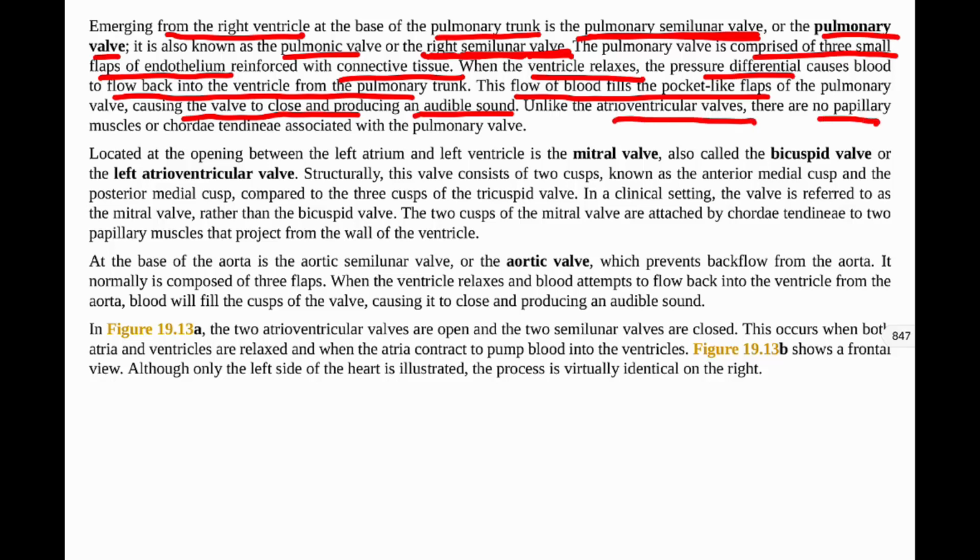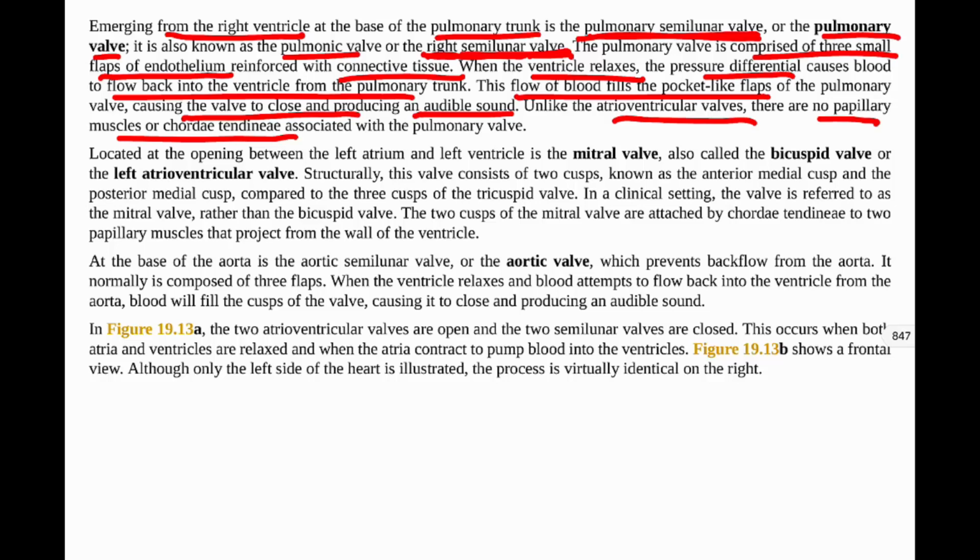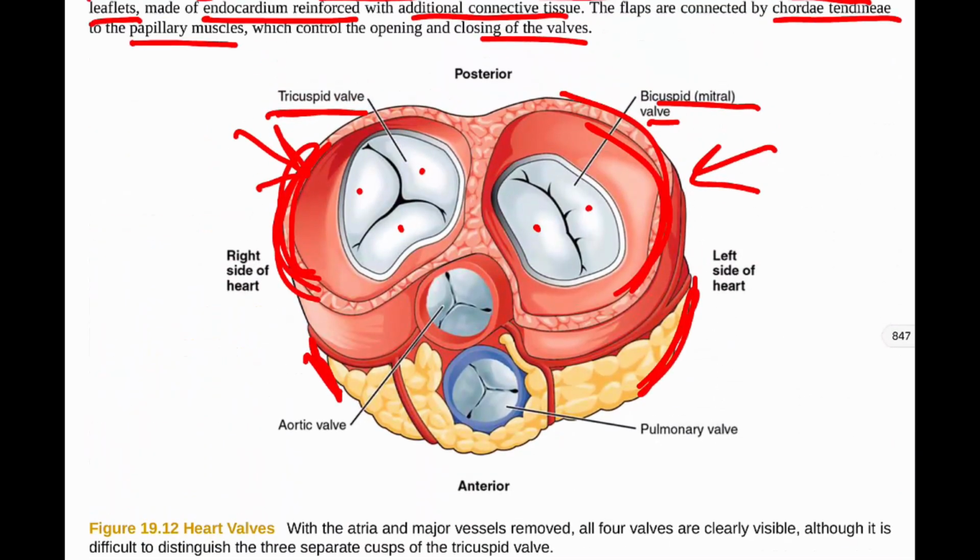So if you look at this one, since we were talking about that one first, the pulmonary valve or pulmonary semilunar valve, down here is where we would have our ventricle, on the right side. And up here, which is cut off, would be our pulmonary trunk. So when the blood is flowing out from the ventricle, it's going to go up through that pulmonary trunk.